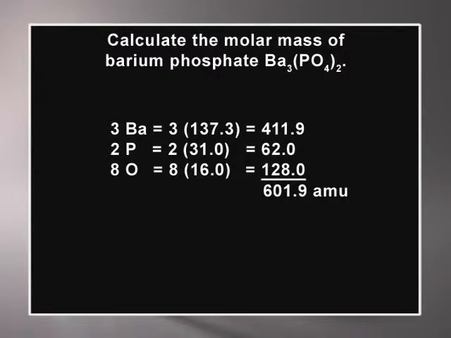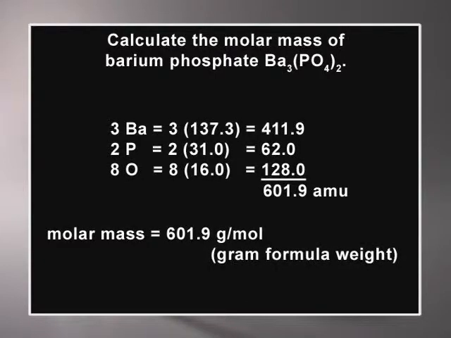Changing the units to grams says that the molar mass of barium phosphate is 601.9 grams per mole, which, by the way, is sometimes called a gram formula weight, although I'm just going to call it a mole.